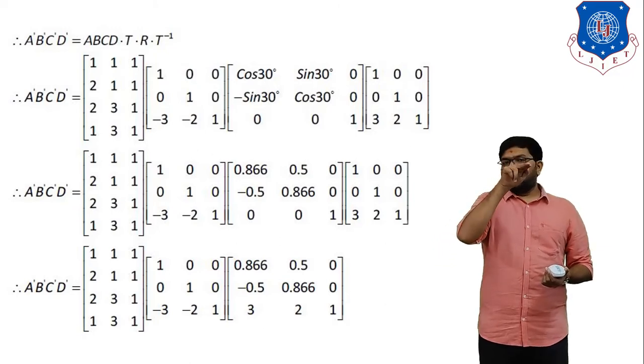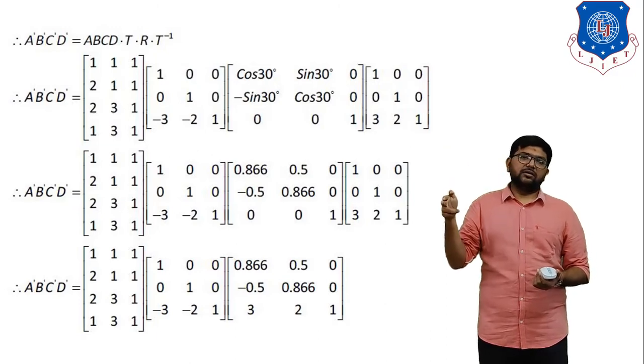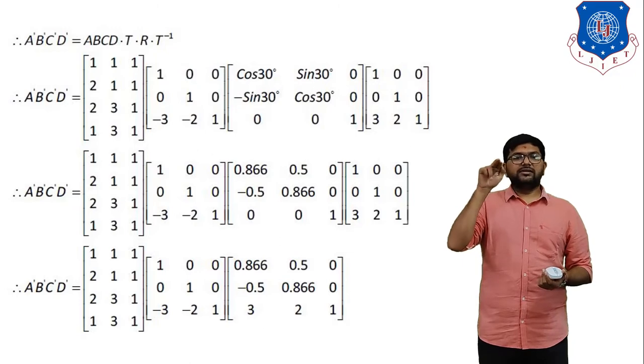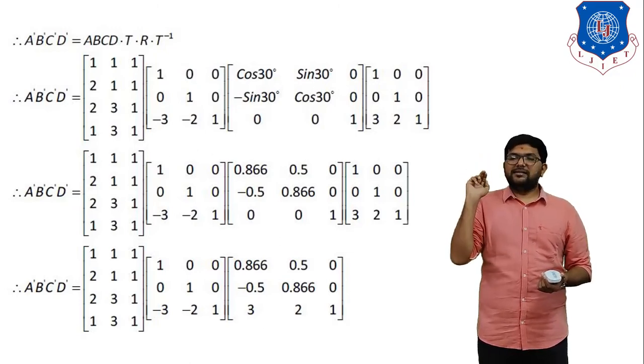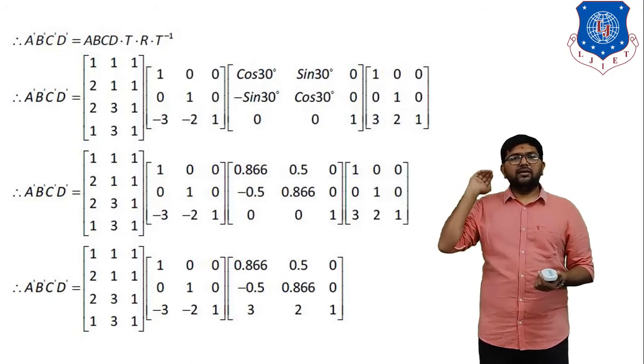In the same way, first row of the first matrix and third column of the second matrix. Clear? So 0.866 into 0 plus 0.5 into 0 plus 0 into 1, and the answer is 0. So this is how we find the answer for the first row.